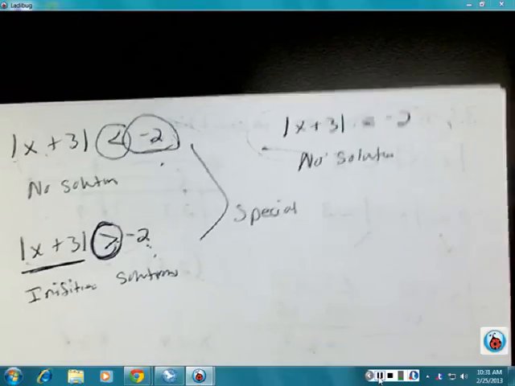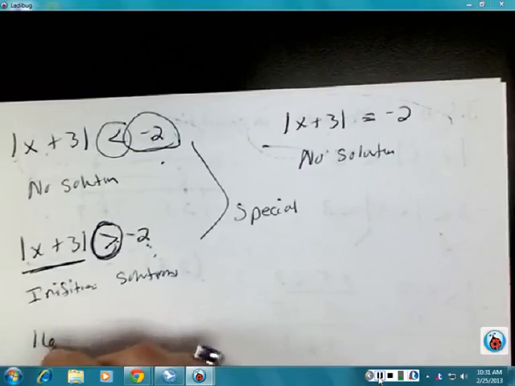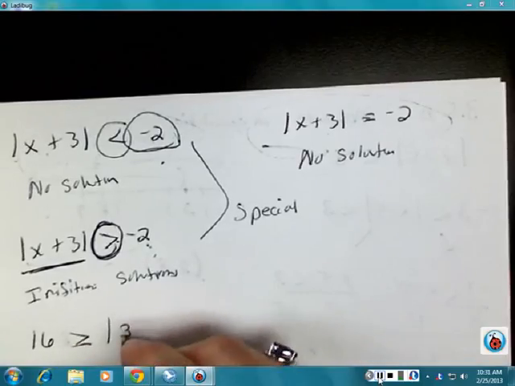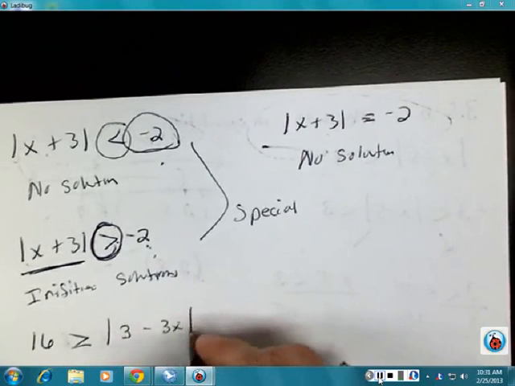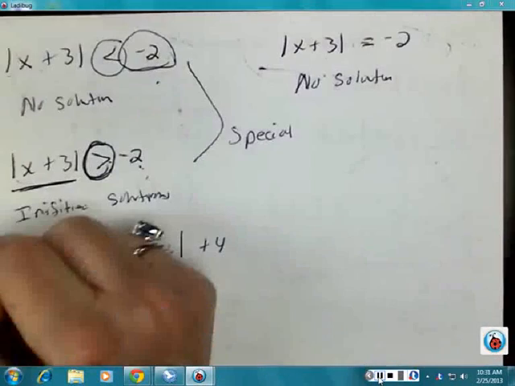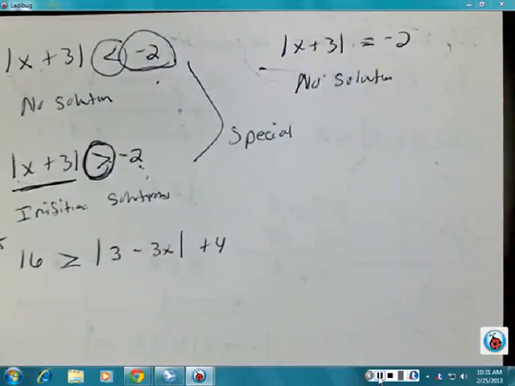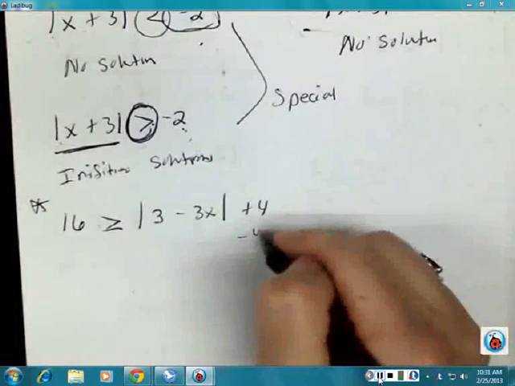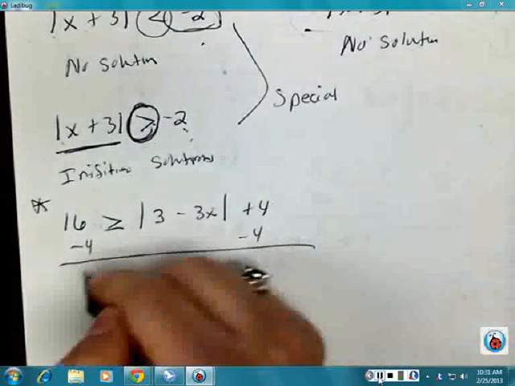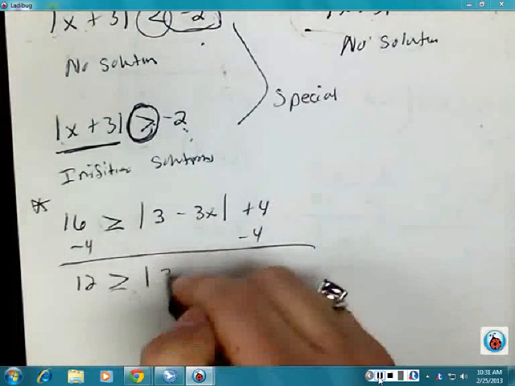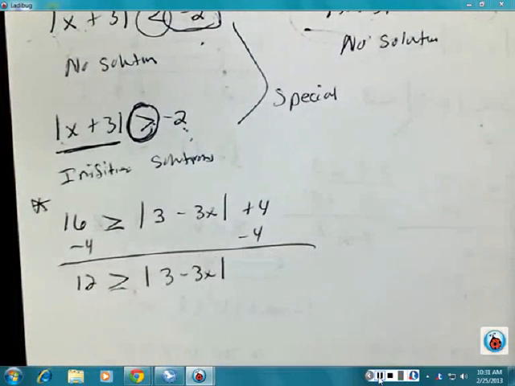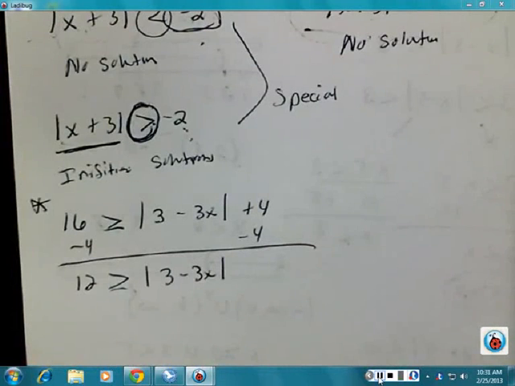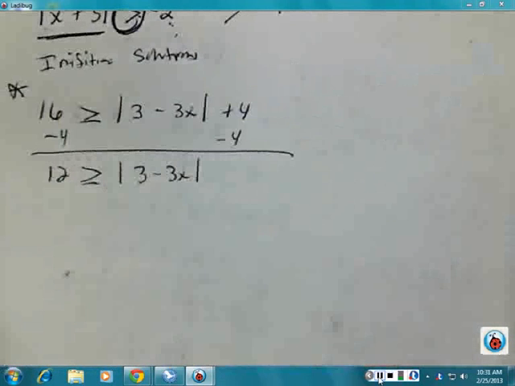Okay, how about this one? 16 is greater than or equal to the absolute value of 3 minus 3x, plus 4. So what would I have to do? Subtract 4. So I need to minus 4. Okay, so when I do that, what happens?